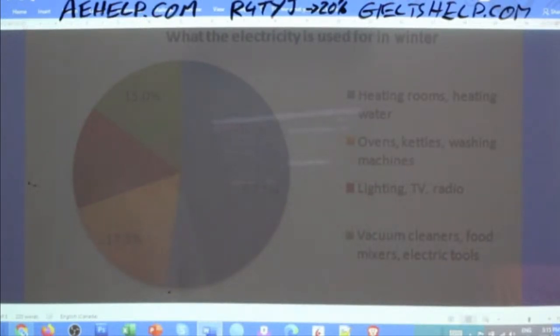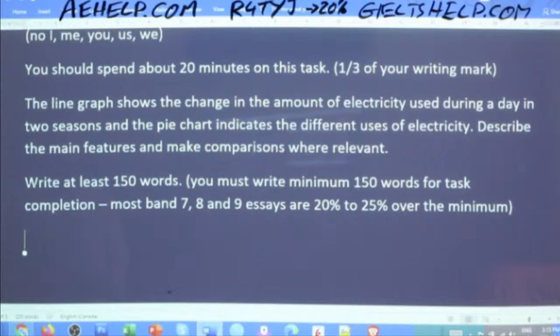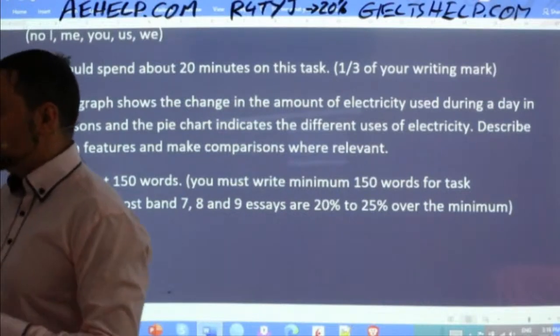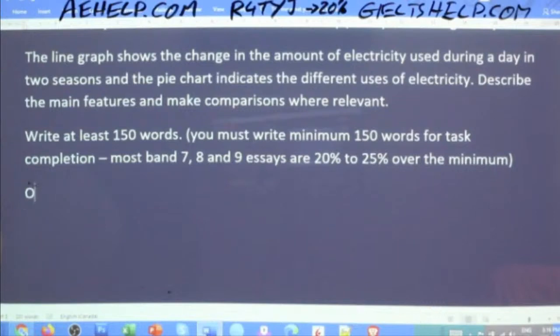So let's do this together. It's really a step-by-step process, and I'm going to show you the most common situation for these kinds of combination graphs so you can write them quickly and accurately. The first step, of course, is the overview. You do not need a separate introduction.